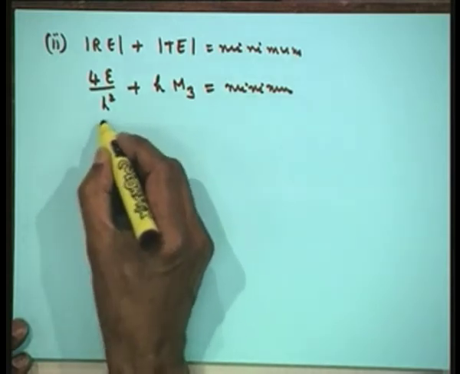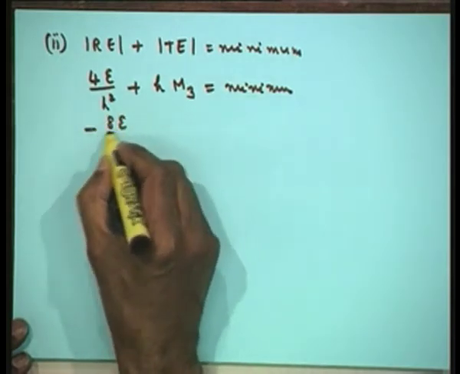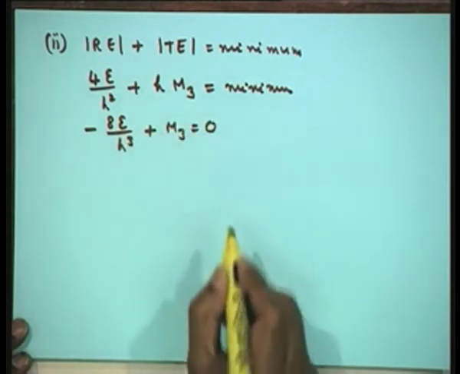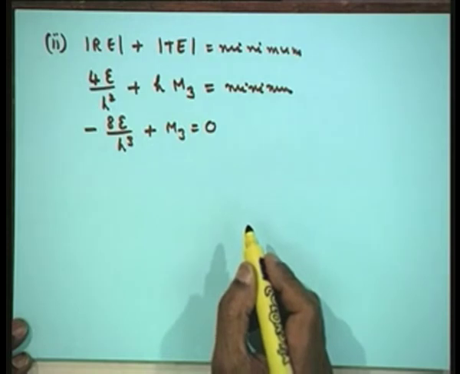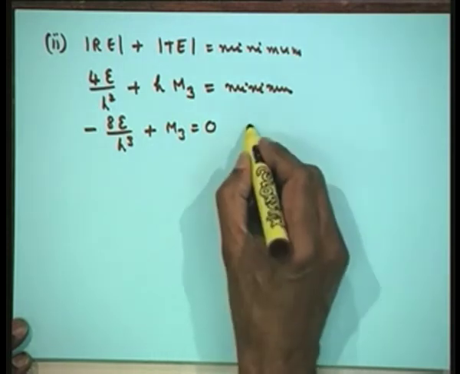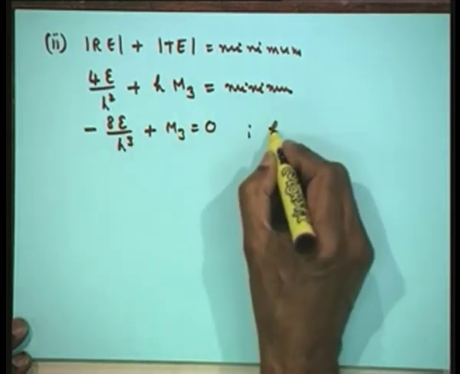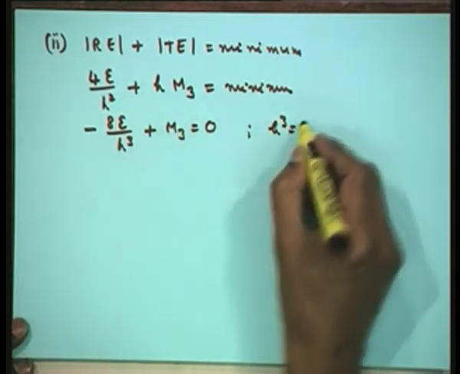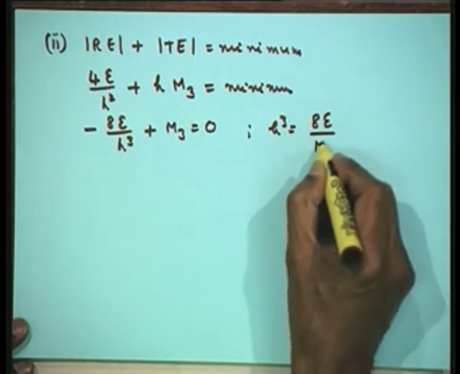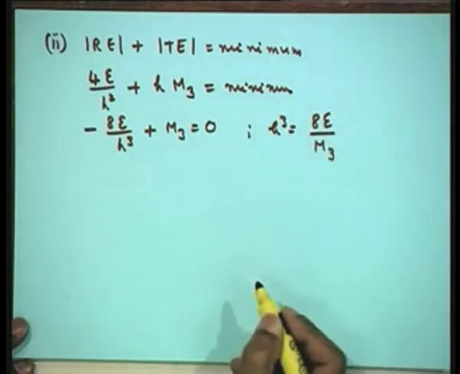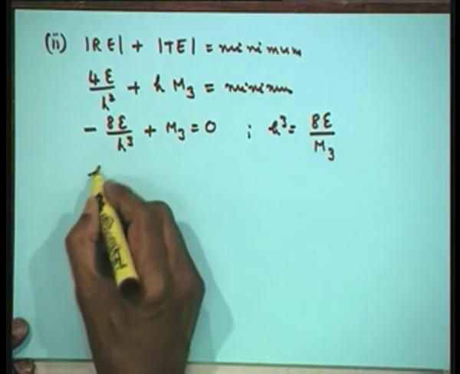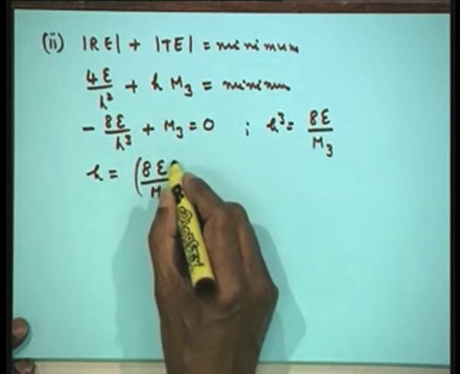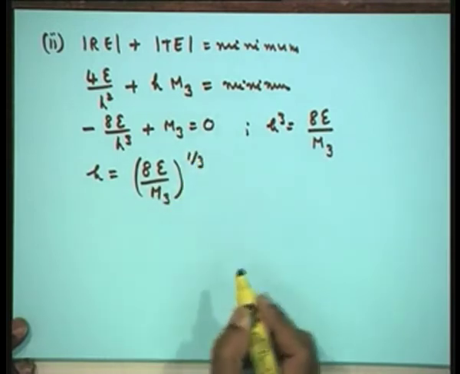This will give us minus 8 epsilon upon h cubed plus m 3 is equal to 0. Therefore, I can find h cubed as 8 epsilon upon m 3, so that h is 8 epsilon upon m 3 to the power of 1 by 3.